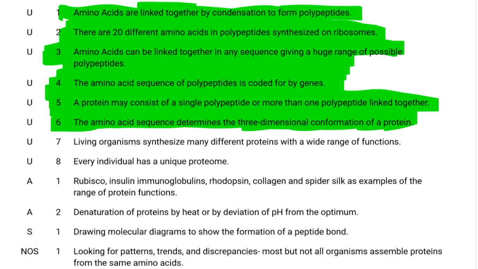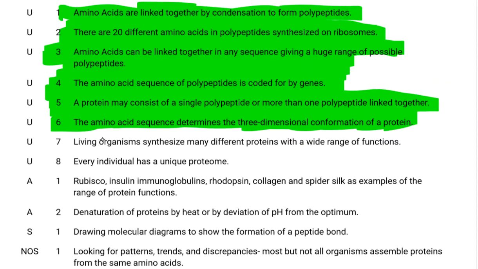And tertiary is when you have other bonds such as disulfide bridges, ionic bonding, and hydrogen bonding on R groups. Sorry, R group interactions, and these could make conformation changes in the protein. But this is all based on the sequence of amino acids, because having leucine next to methionine is different from having tyrosine next to methionine.